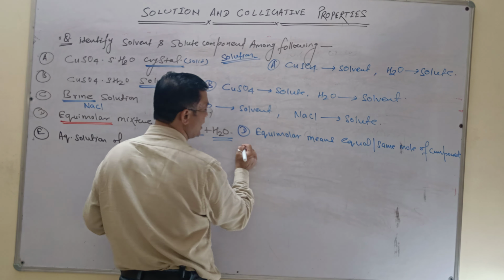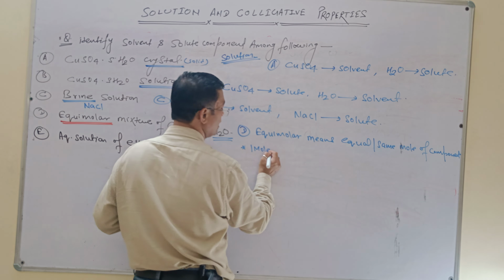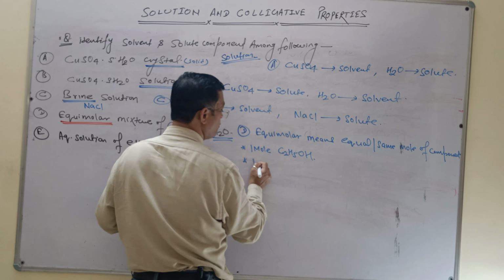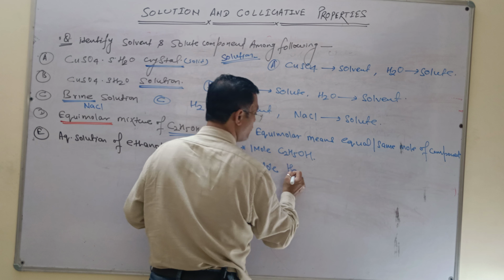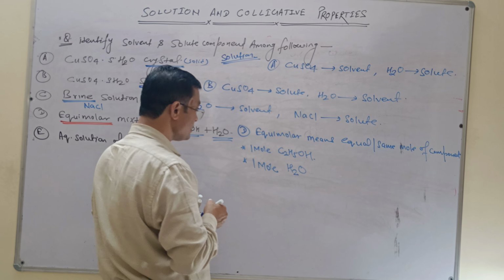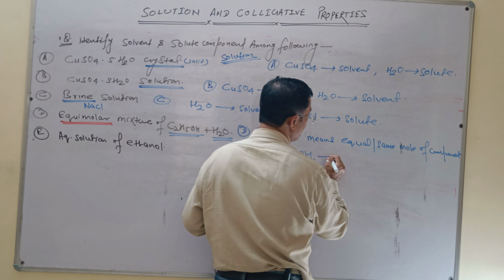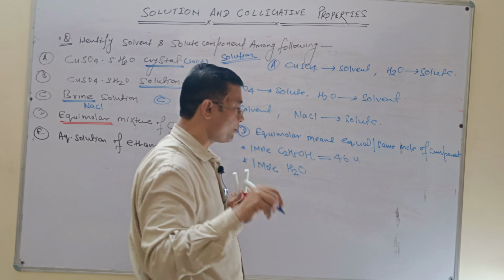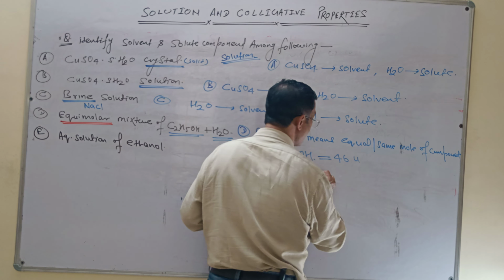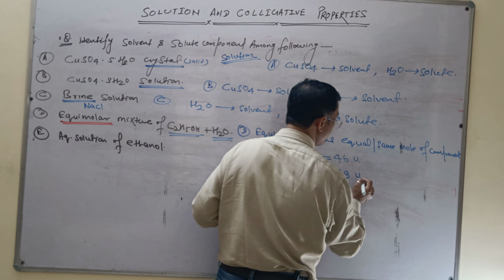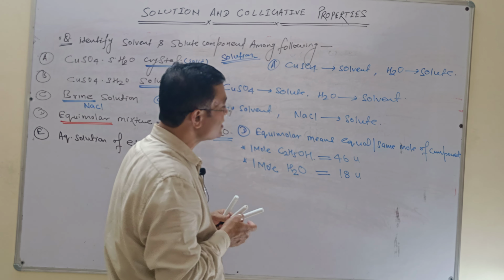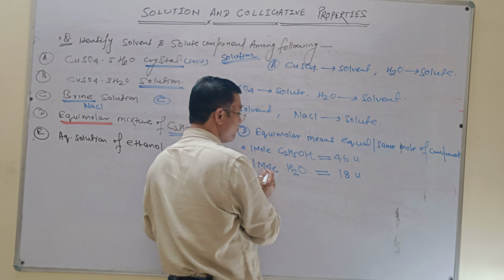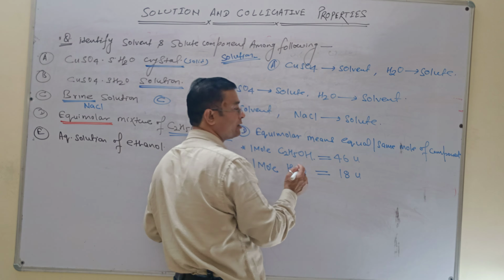Suppose I take 1 mole of ethanol and also 1 mole of water. Then you see that 1 mole of ethanol has a molar mass of 46 grams per mole, and 1 mole of water has how much? 18.